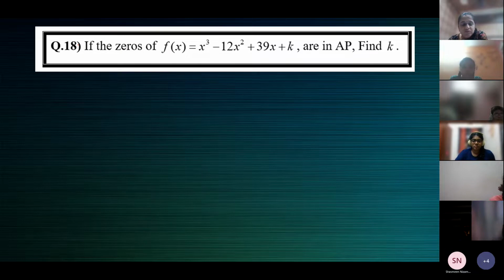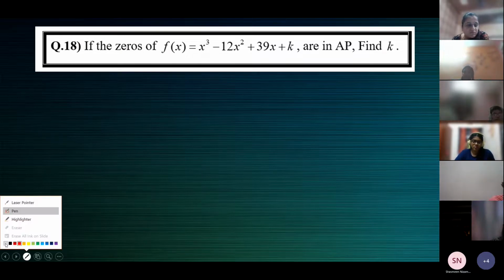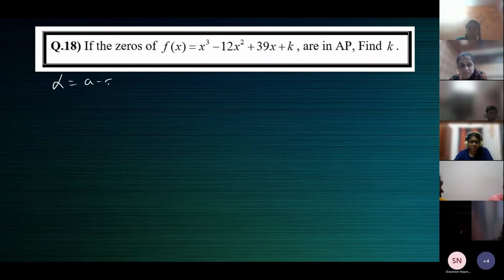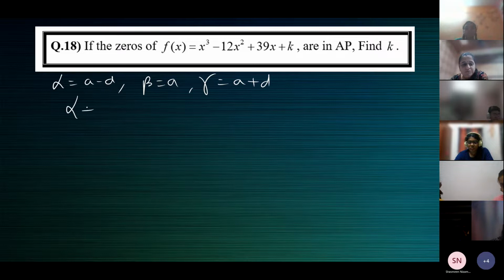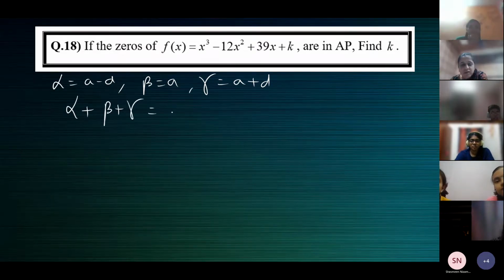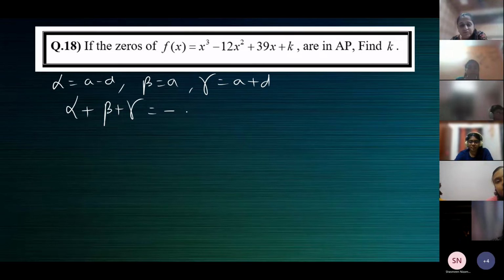So how do you assume the zeros when they are in AP? Alpha is equal to a minus d, beta is equal to a, and gamma is equal to a plus d. What is the sum of the zeros given by? Minus b by a. What is the value of b?